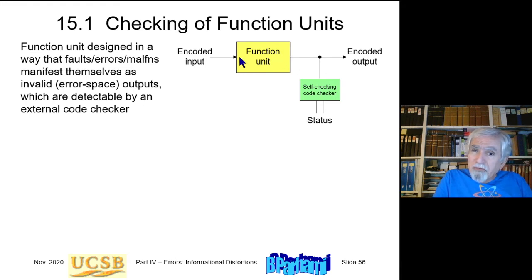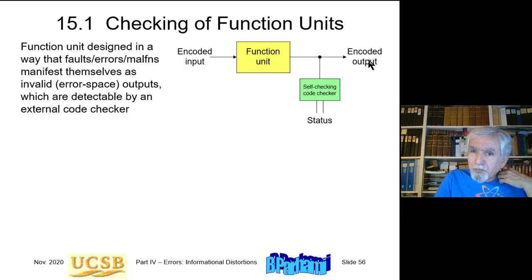We design the function unit so that if something goes wrong in the function unit, some gate is stuck at 0 or some wire is disconnected, the types of faults that we expect to occur in the function unit, we design it such that whenever that happens, this output will show an error.